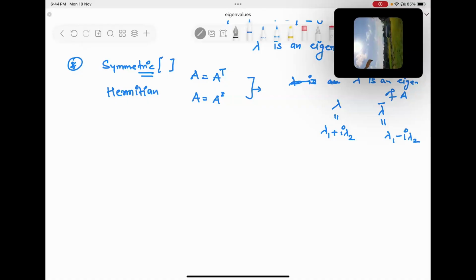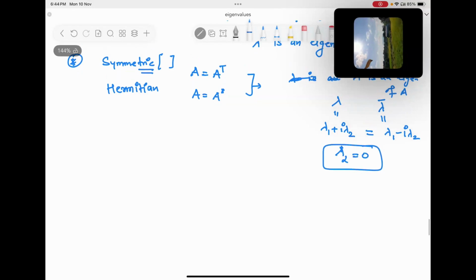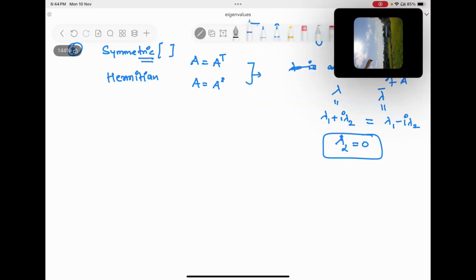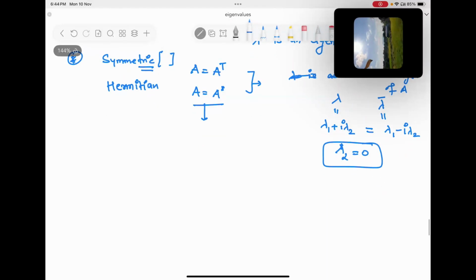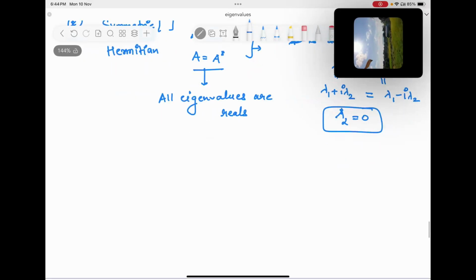Since both A and A star have the same eigenvalues, these are equal, so lambda 1 cancels and lambda 2 equals 0. So the imaginary part is 0, and all eigenvalues are real.